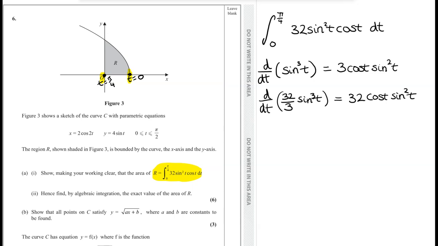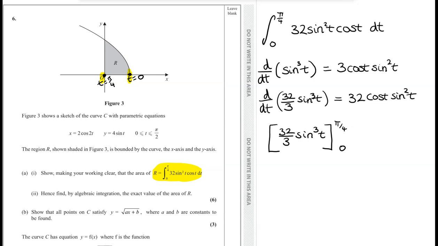So what that means is, if I integrate 32 cos t sine squared t, it must give me 32 over 3 sine cubed t. So my answer here for the integration is just going to be that. Yes, you can do it other ways. You can do some substitution.